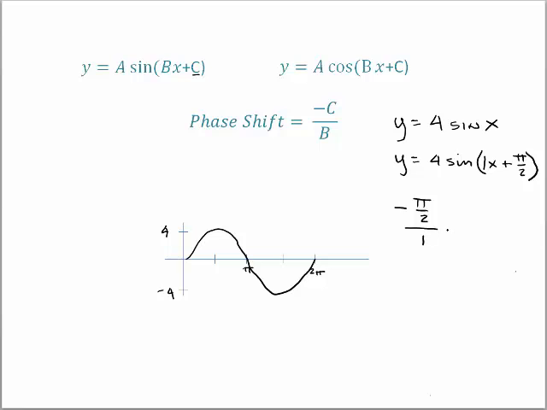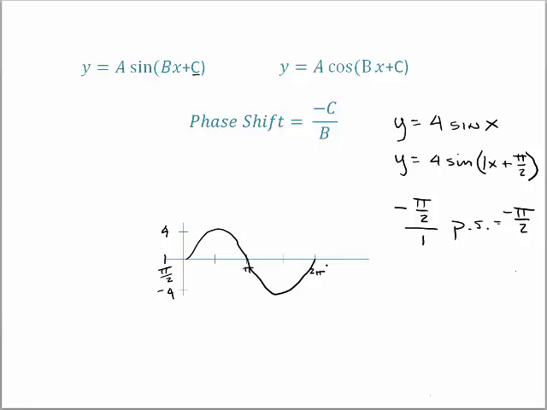So our phase shift equals a negative pi over 2. So where is that pi over 2? Well, that pi over 2 is negative, so it's going to start before the 0, 0 at pi over 2. And where is it going to end?